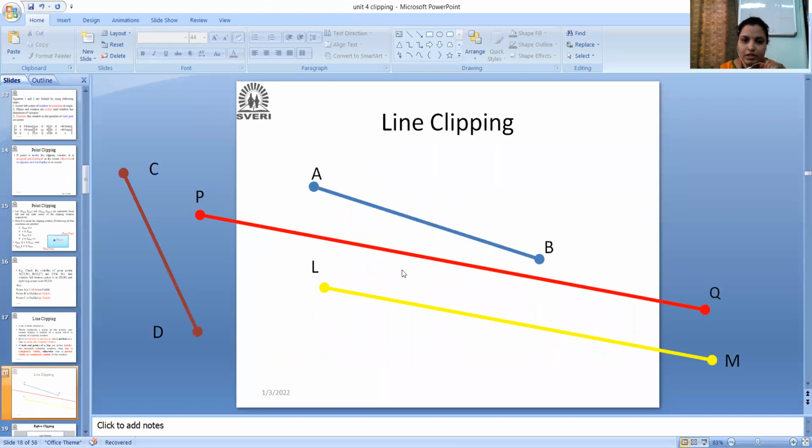If the line is completely visible, like line AB, we consider it an accepted line and no clipping is required. Similarly, for line CD, as the line is completely outside, we are going to reject it. Here also there is no clipping required.